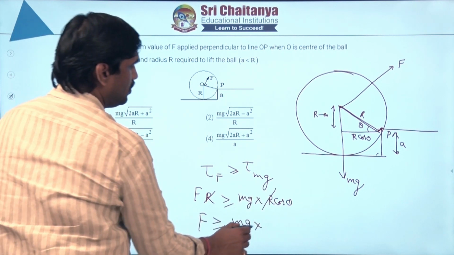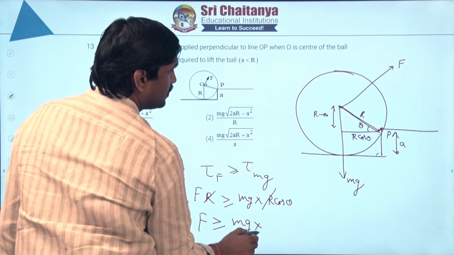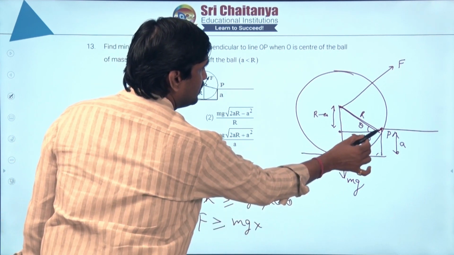Cos theta is equal to adjacent side, this value.